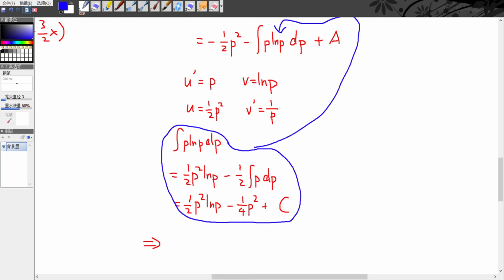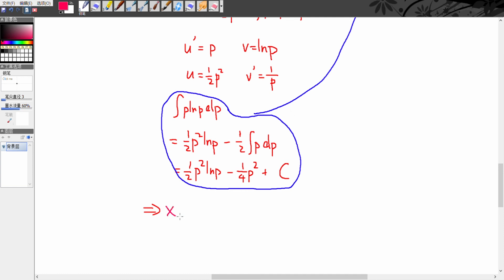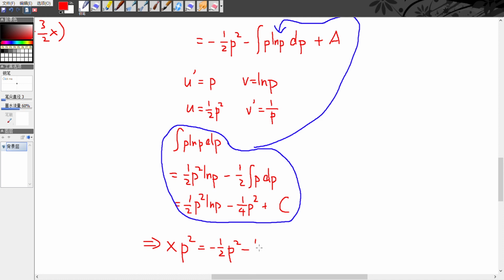We will end up with x p squared is equal to, firstly, negative 1 over 2 p squared, and then minus 1 over 2 p squared ln p, and then plus 1 over 4 p squared plus, and we merge a and c to get some constant c1.